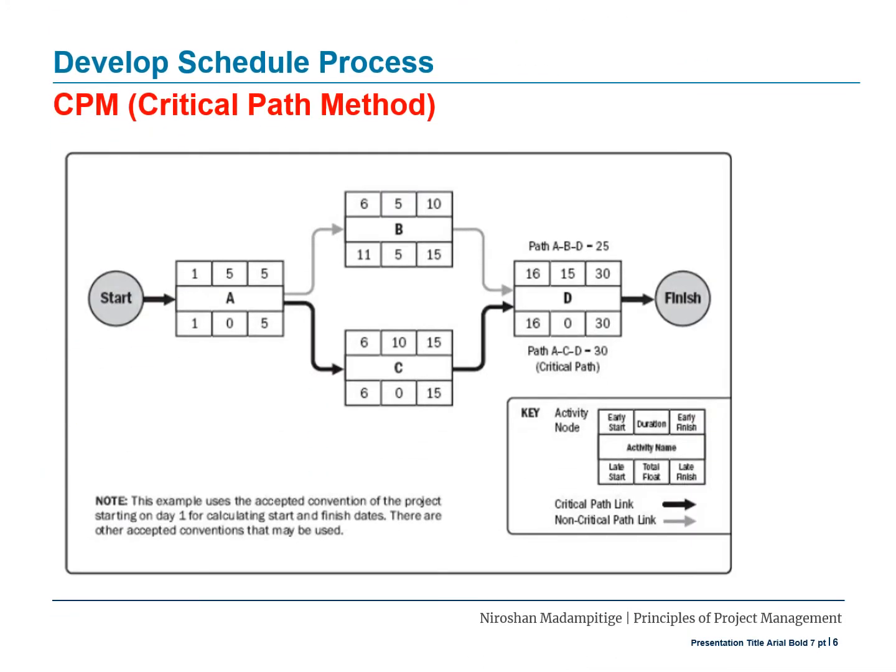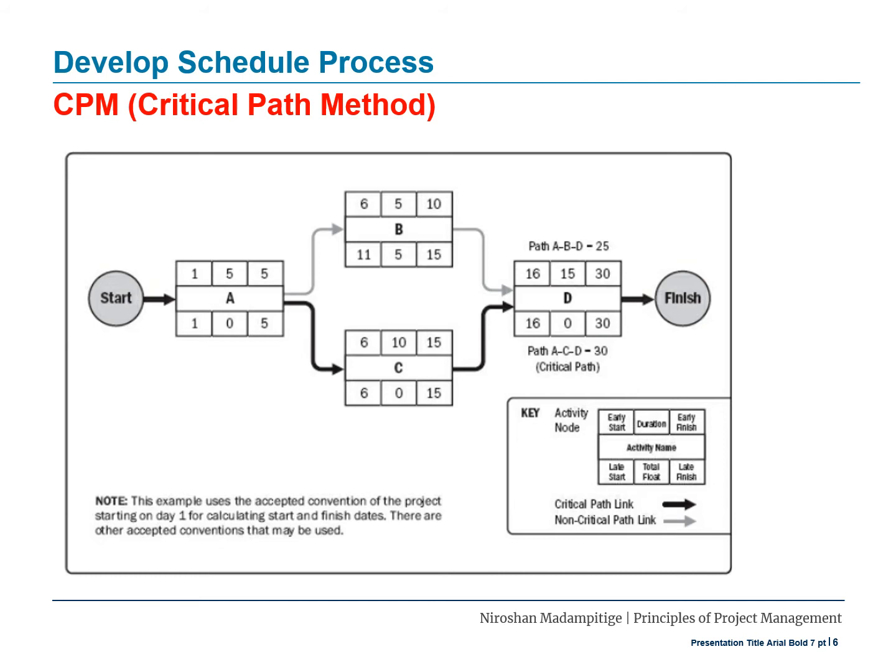Now let's have a look at one of the tools used to develop schedule. Critical path method, which is also known as CPM. The critical path method is used to estimate the minimum project duration and determine the amount of schedule flexibility on the logical network paths within the schedule model.